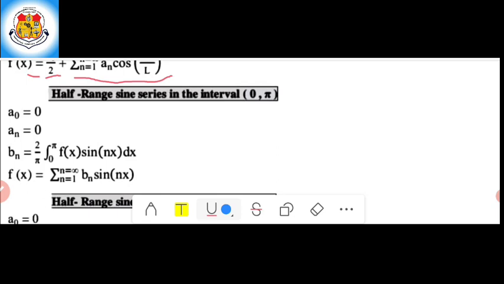The next half-range series is the half-range sine series, which is defined in the interval 0 to pi.